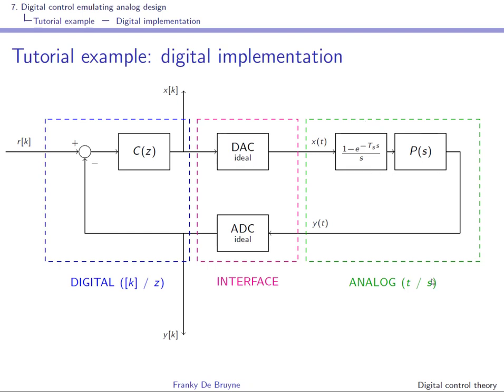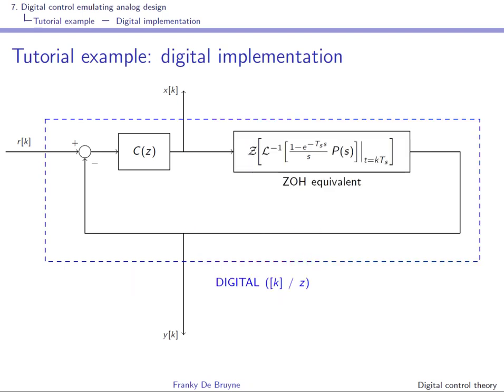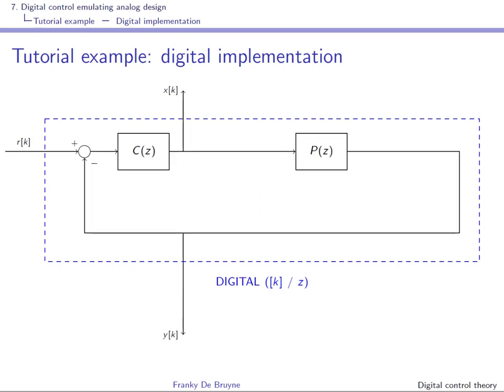From the perspective of the controller, this interface and this continuous time process that takes into account the zero order hold mechanism can be replaced by a process which is the zero order hold equivalent, or the step invariant equivalent.